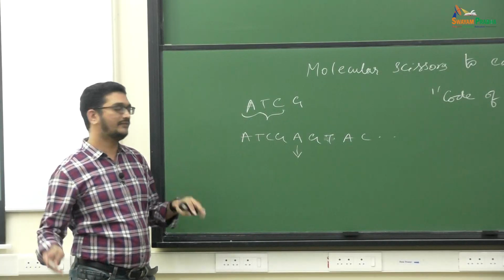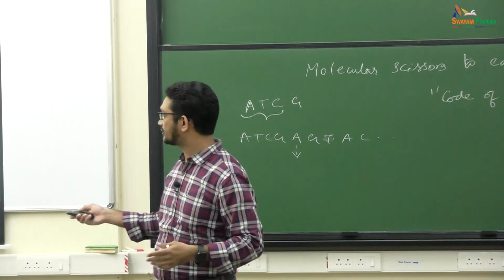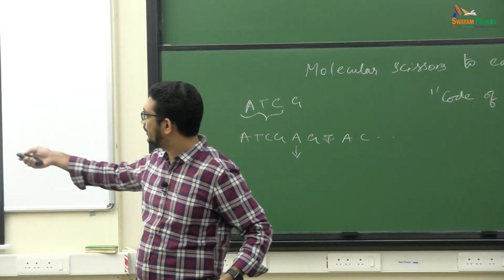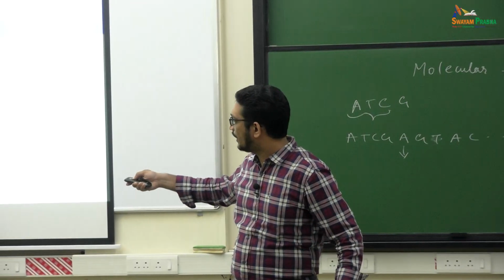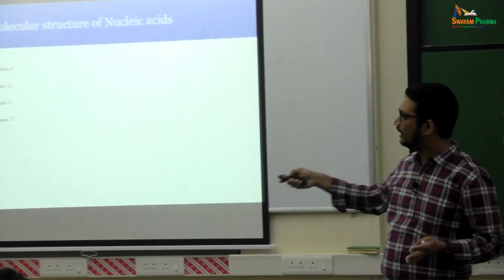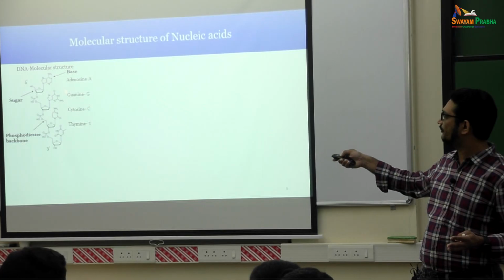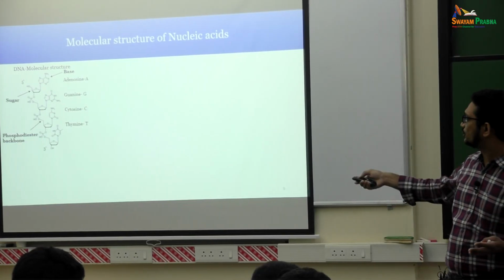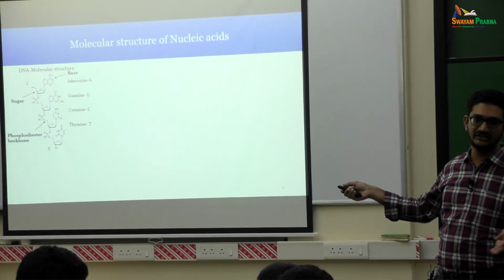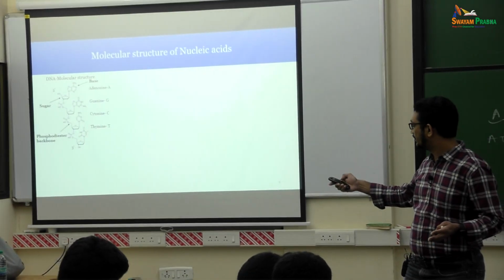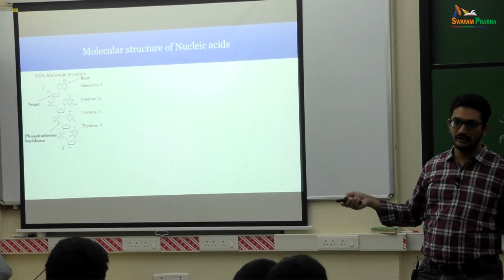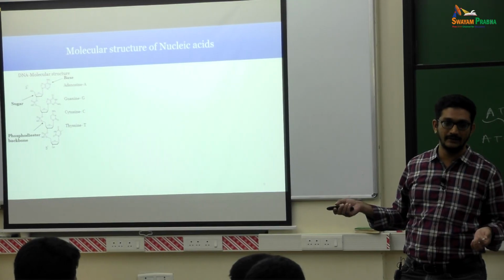The only difference between RNA and DNA is, if you look at the structure of DNA and RNA, this is your DNA, which we were just talking about. You have a phosphate backbone, and then you have a ribose sugar. On the sugar, you have 4 different bases, right? These are your AGCT or ATGC, depending on how you want to call them. Now, do you know what is the difference between DNA and RNA?